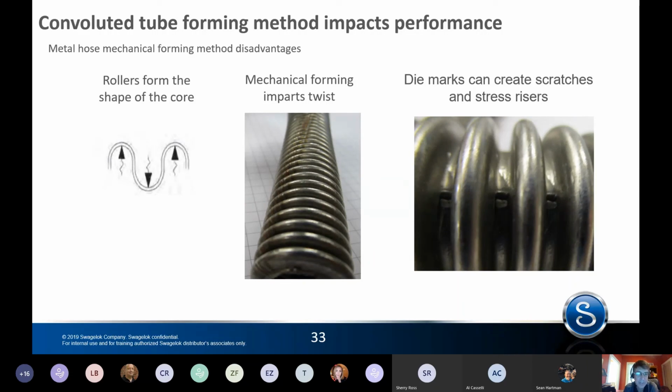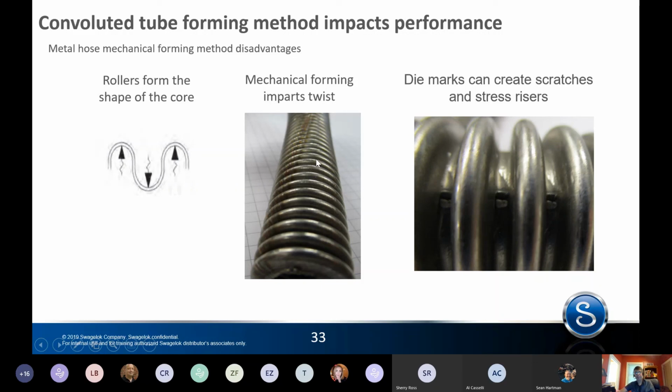And it's very fast to do. It's relatively easy, and what you get is the tube you see in the middle. The first thing I want to point out with this is you can see the seam weld. It starts on the left side on the bottom, and it rotates around to the top.